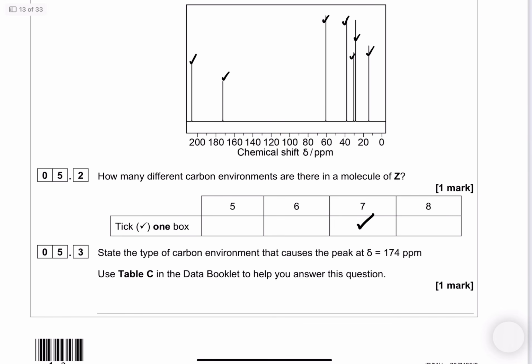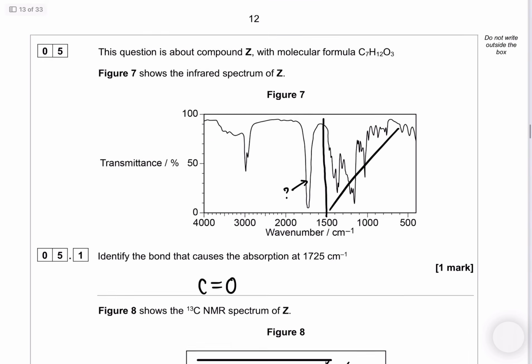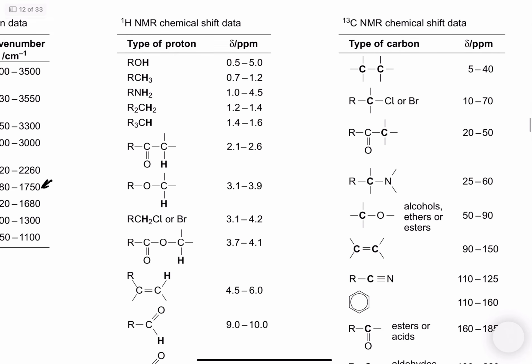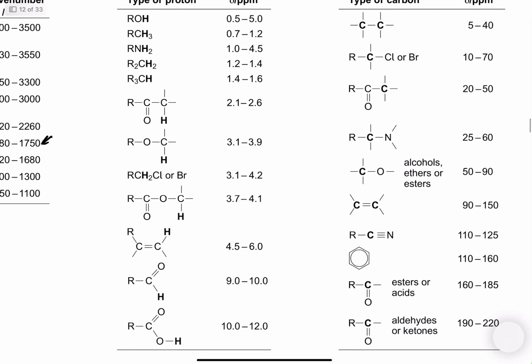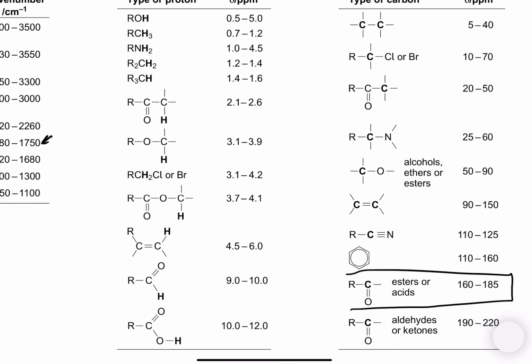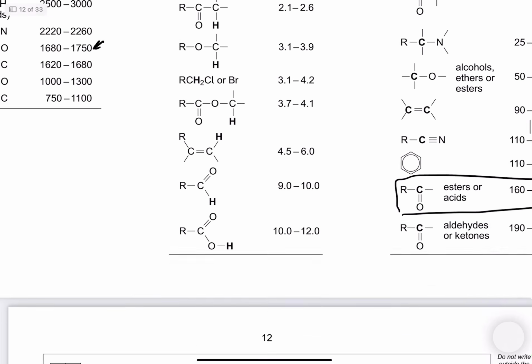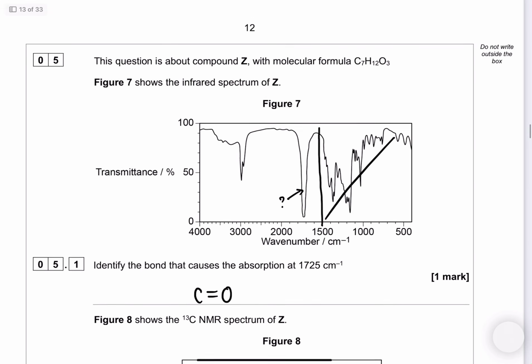State the type of carbon environment that causes the peak at delta 174 parts per million. So again, we need to go back to our data sheet. This time we're looking at carbon NMR, and we're looking at a value of 174. 174 says acids or esters. C double bond O in acids or esters. So let's go back.